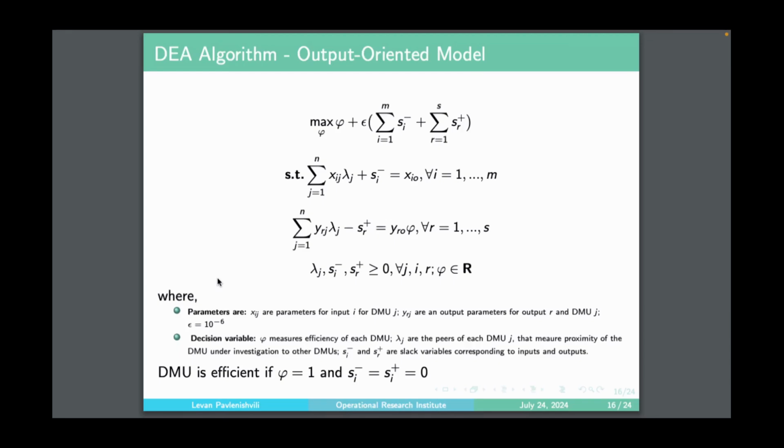So probably the answer is yes. You can modify these constraints so that you put certain limitations on your inputs and outputs, or on your efficiency levels, or on your slacks, for example.